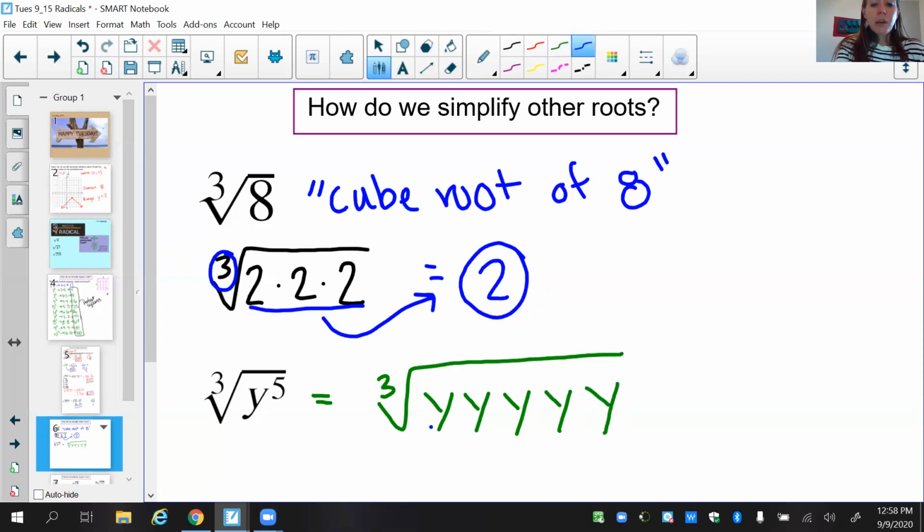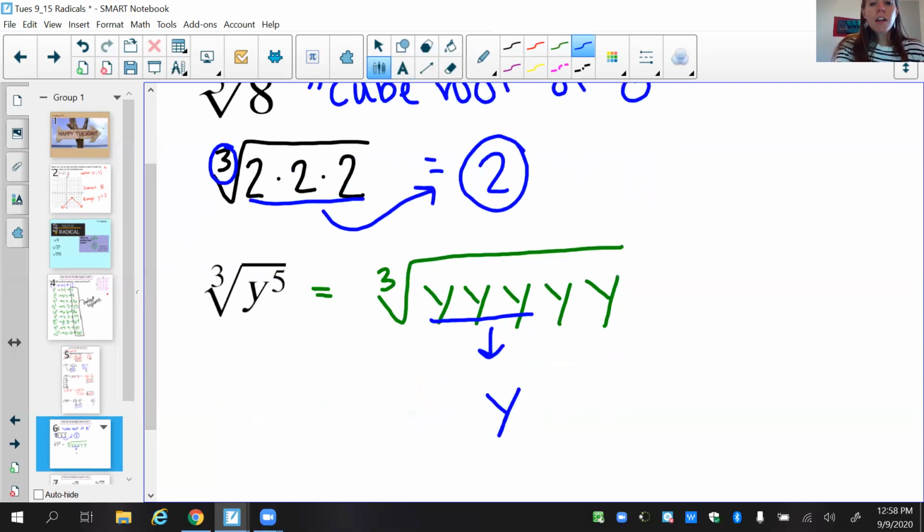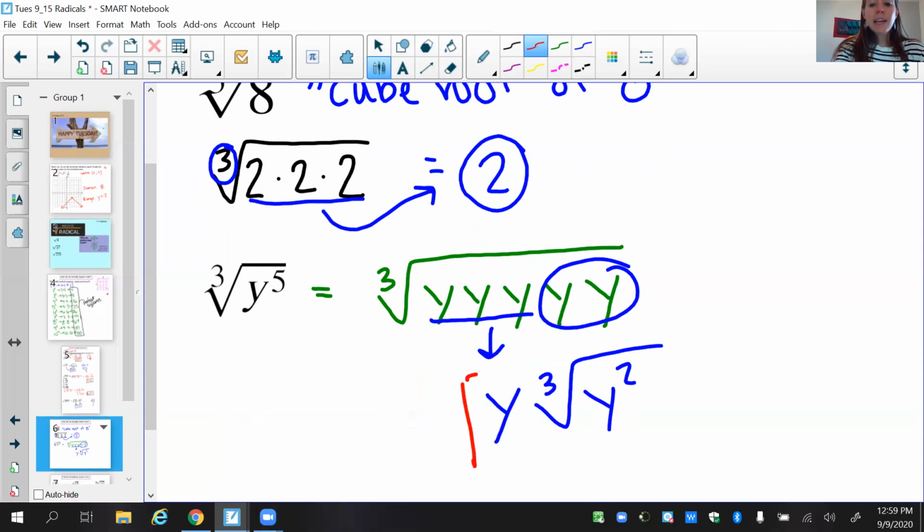Well, I have a grouping of 3 there, right? So I'm going to pull that out as 1 in front of the box. And what's left in the box? y squared. So this is my answer.